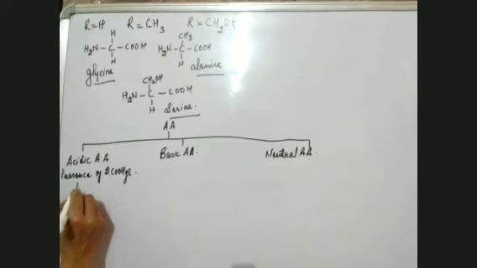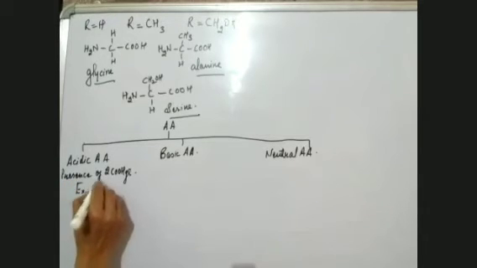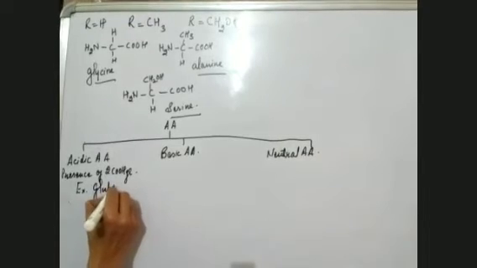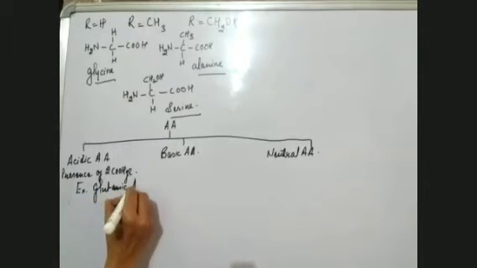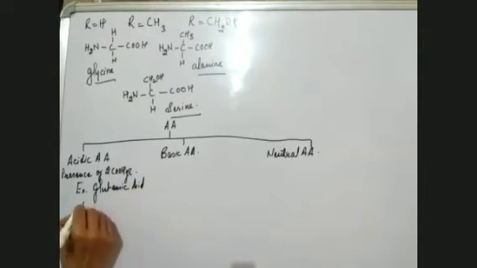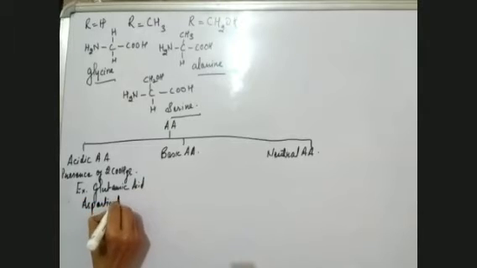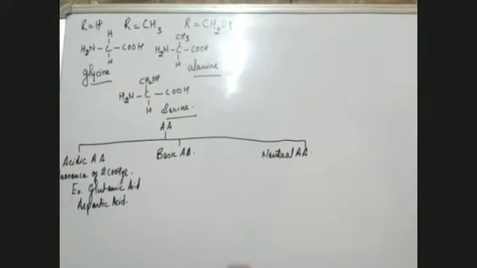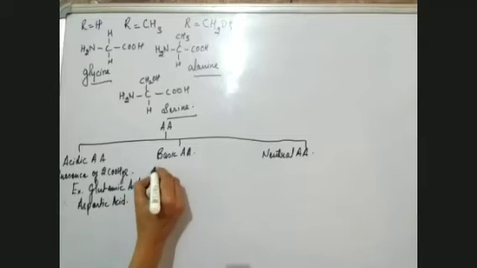The examples of this acidic amino acid are glutamic acid, or another example can be aspartic acid. When in an amino acid, two NH2 groups are present, such amino acids are known as basic amino acids.